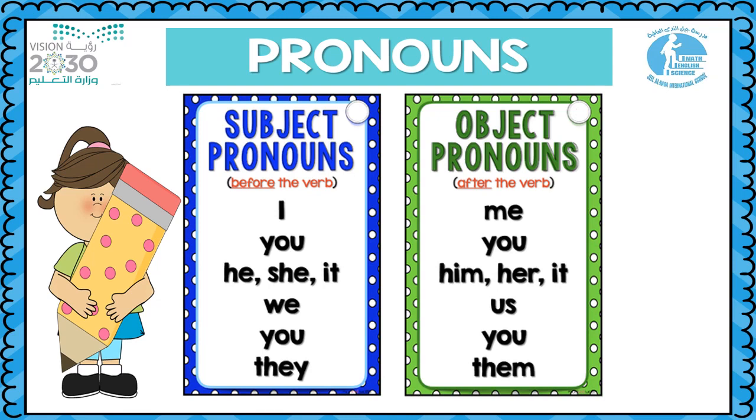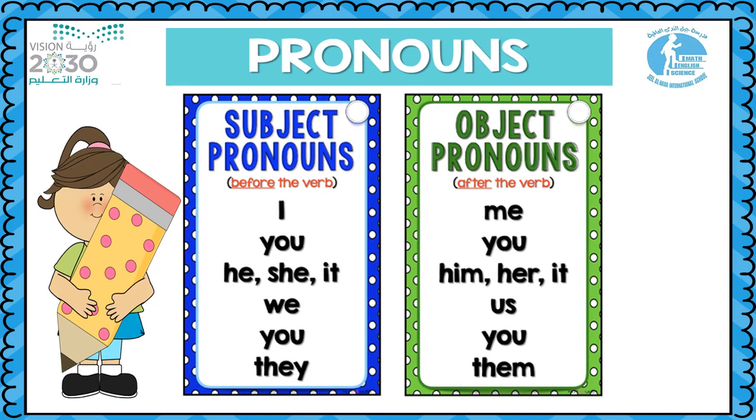As we said, the pronoun it is used in both cases. You can start the sentence like it is rainy, and you can say I called it, as an animal. I called the animal. So it can be used as a subject pronoun and as an object pronoun.